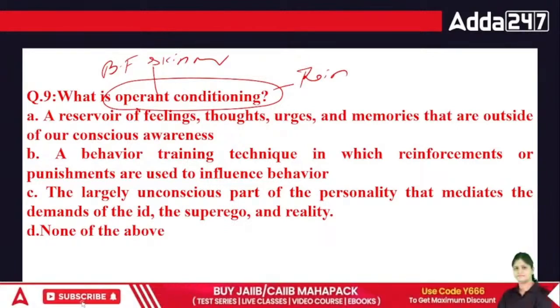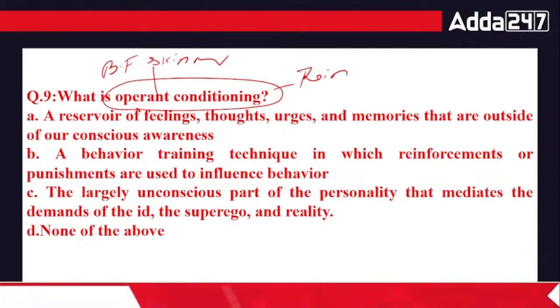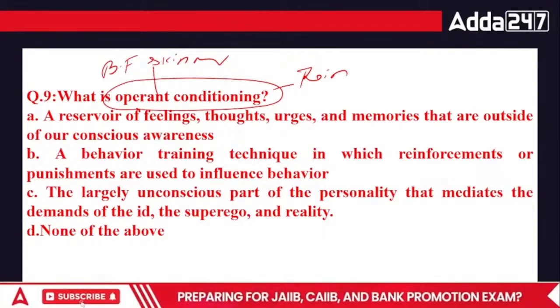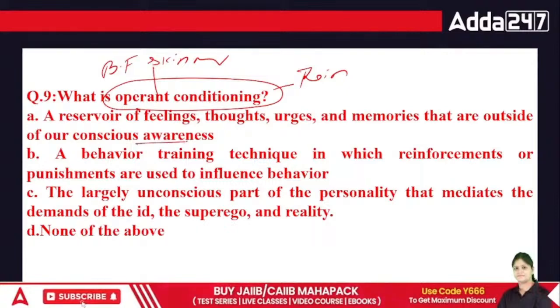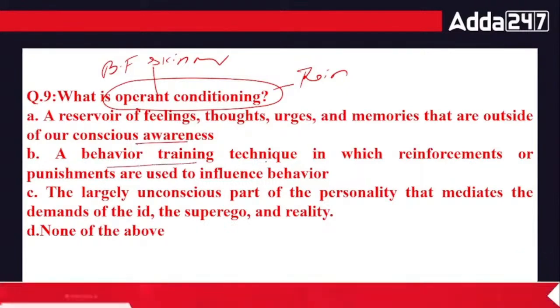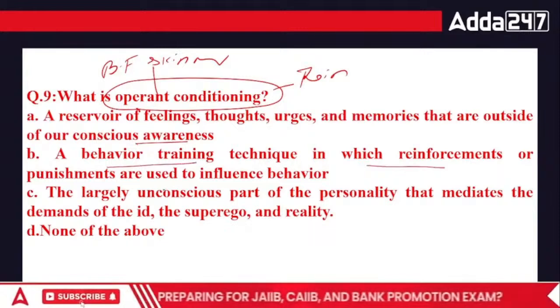So we call it negative reinforcement, right? So here the option number 1 is a reservoir of feeling, thought, urges and memories that are outside of our conscious awareness. B is a behavior training technique in which reinforcement or punishment are used to influence behavior.